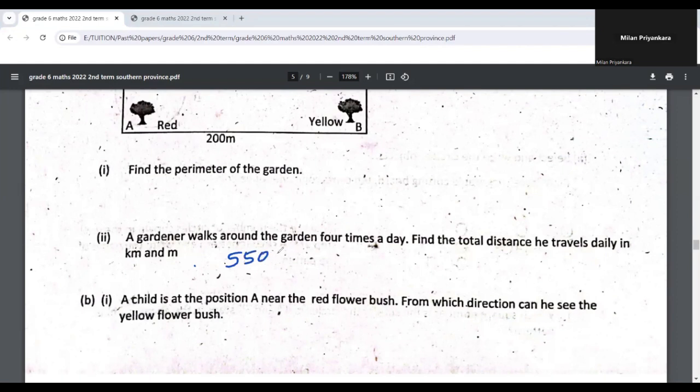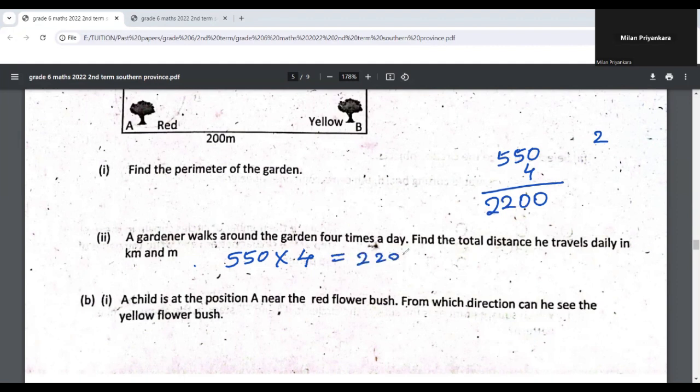So for 4 times, you have to multiply this by 4. So 550 times 4. 0 times 4 is 0. 4 into 5 is 20, you carry 2. 4 into 5 is 20, and 20 plus 2 is 22.